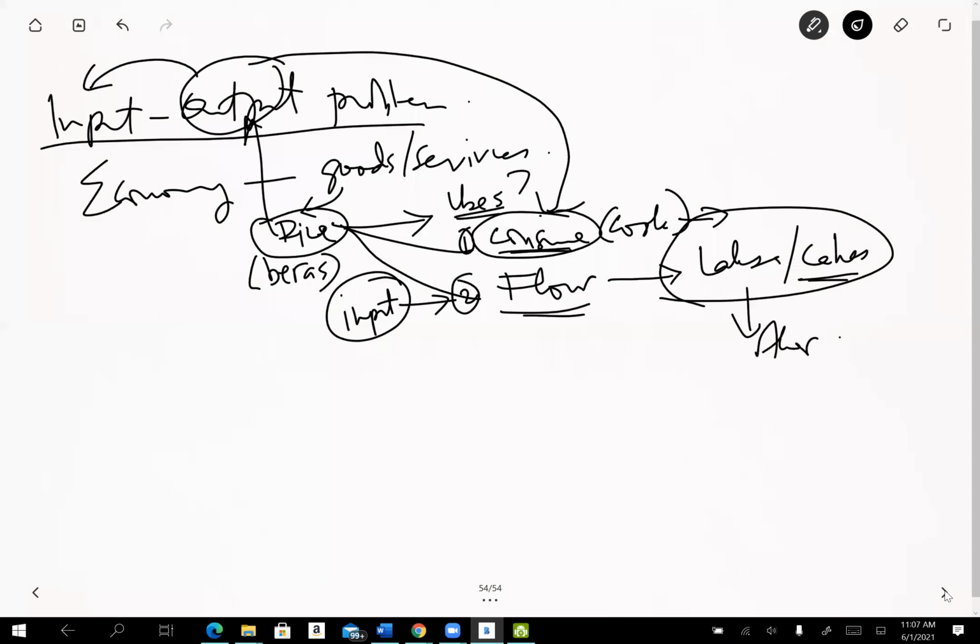So that's basically input-output. For every output that we produce, it will be being consumed, we call it final consumption, and used as input to produce other goods. So one output, a good or service, normally good lah, produced will go as final consumption.